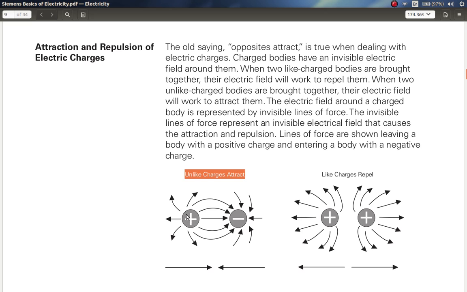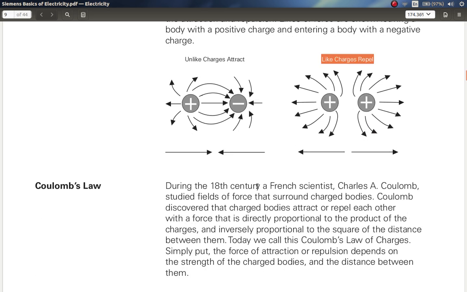This one on the left positive, this one on the right is negative, so they attract each other. Over here, like charges repel. Both of them are positive, so they repel each other. So lines of force are shown leaving a body with a positive charge and entering a body with a negative charge. So that's a convention, right?